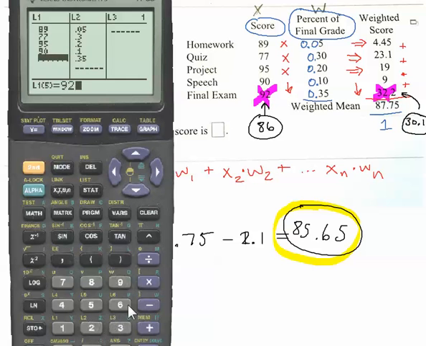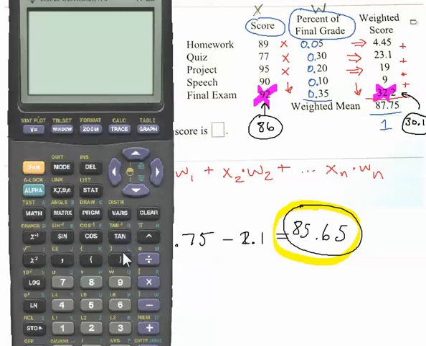I'll go ahead and put 92. That's the one that we're looking for the change. And let me show you quickly how to find the weighted mean without having to do what I did and actually get all the scores and then add them up. I guess I didn't have to get the scores, they were already listed.